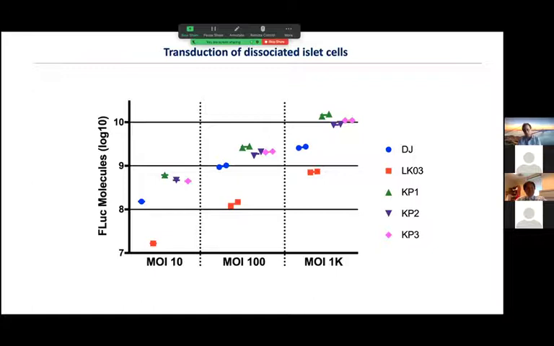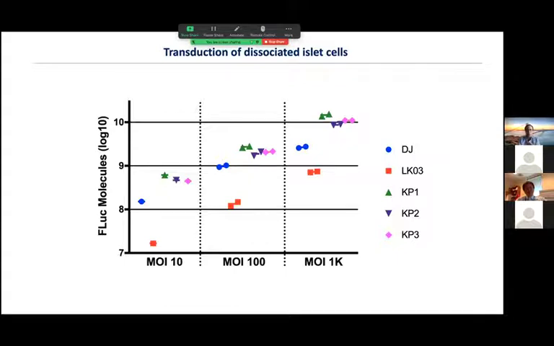It's been recently published, but we found that there was one set of capsids, like the KP1 that I mentioned, that has better transduction in human islets than any of the other previously tested capsids. And this has really resulted in a large improvement in transduction.